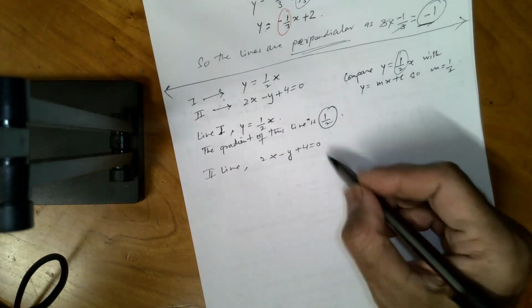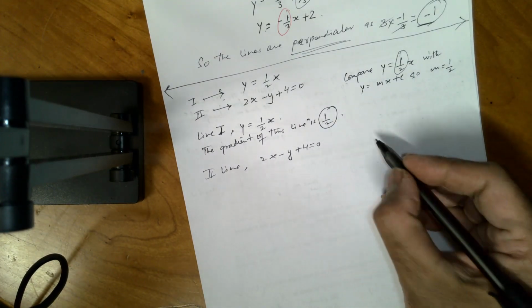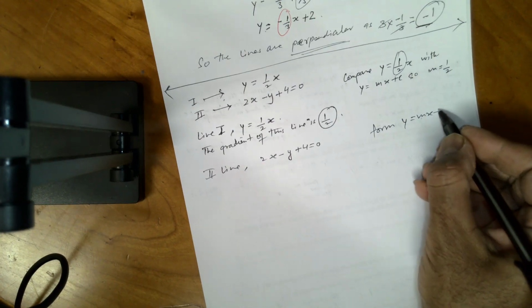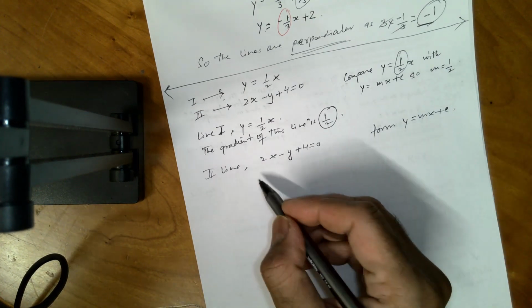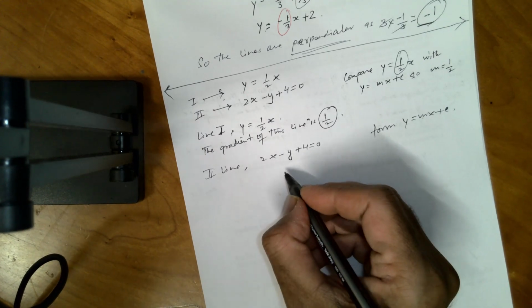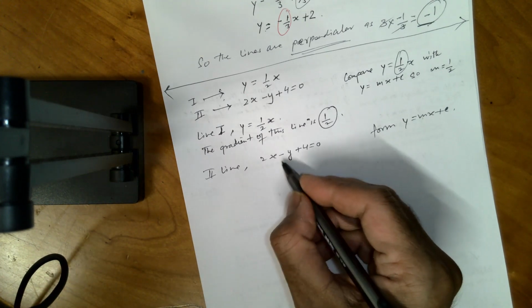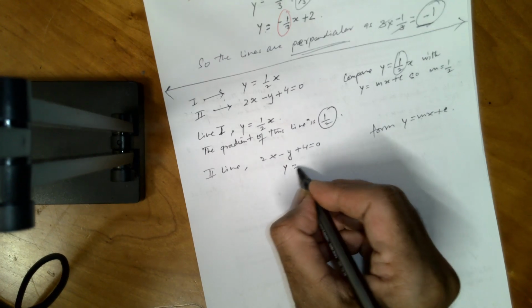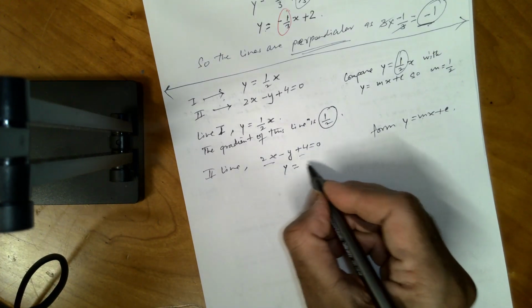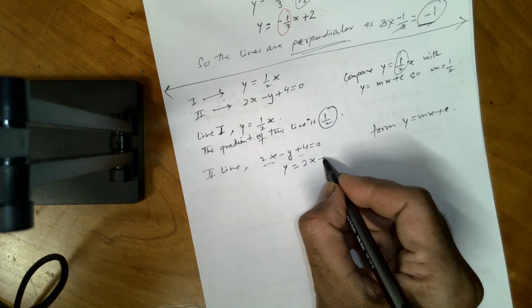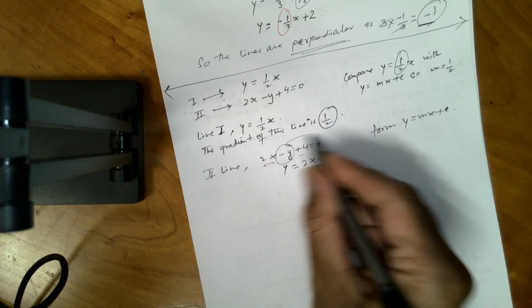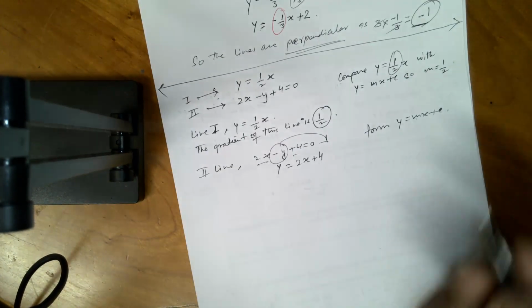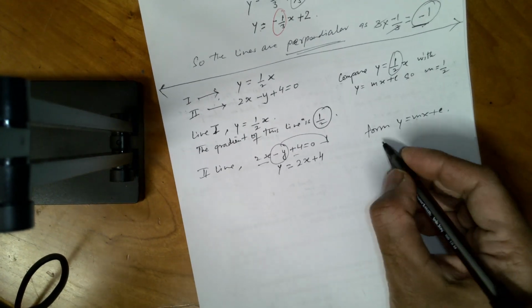Same thing, rearrange that into which form? y equal to mx plus c. So let's rearrange this one. Take your y to the other side, and you are left with y equal to 2x plus 4. Taking minus y to the other side, it becomes positive, so y equals 2x plus 4. So what is your m here?